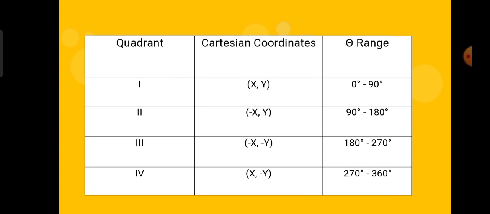Then in quadrant 3, the Cartesian coordinates are negative x and negative y, and we have the range 180 degrees to 270 degrees. Then in quadrant 4, we have positive x and negative y with a range of 270 to 360 degrees.